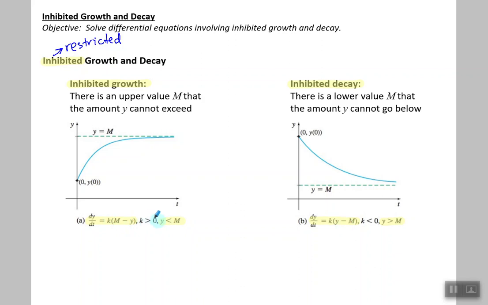Another similarity and difference: k is positive for inhibited growth, and k is negative for inhibited decay, similarly to uninhibited growth and decay.